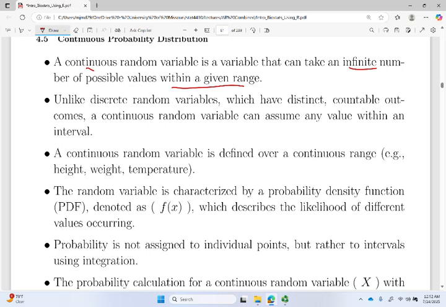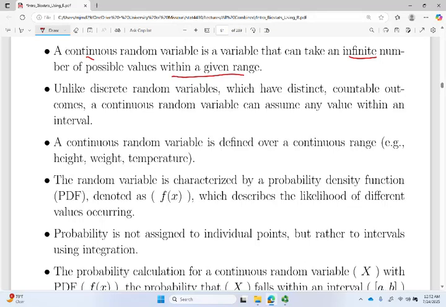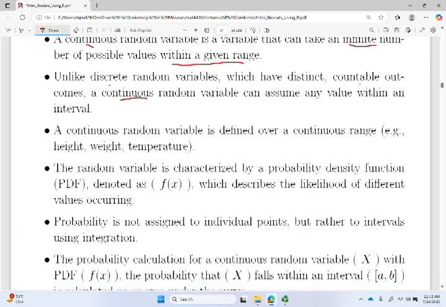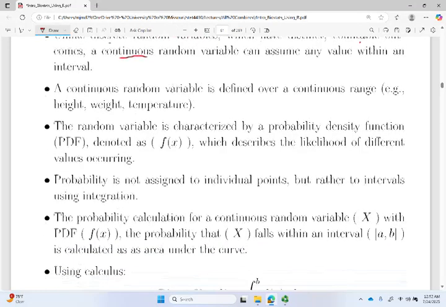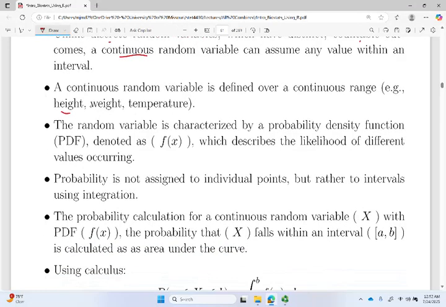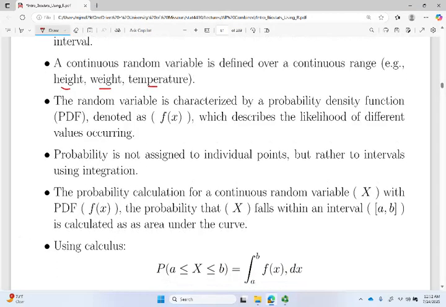But if it can theoretically be any of those values, then it's a continuous random variable. Unlike a discrete one, which has distinct, countable outcomes, continuous assumes values within an interval, so it's an infinite number of values. Examples would be height, weight, temperature.